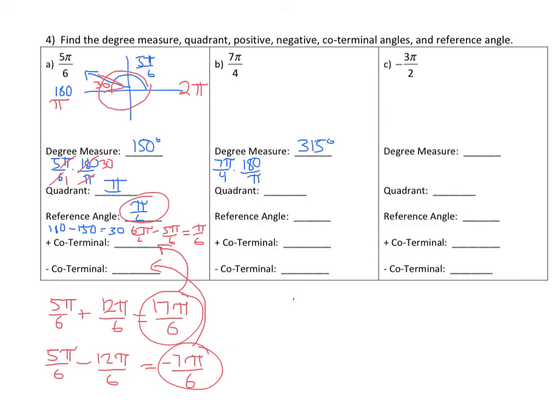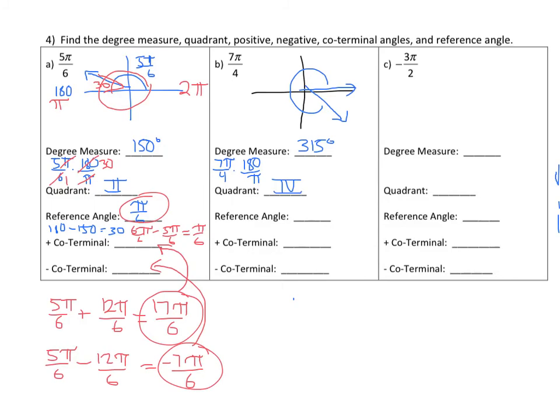And again, when you have your unit circle memorized, we won't have to do these using the conversion, we'll just have it memorized. So the initial side on the positive x-axis, and then that would be 7 pi over 4. It's in quadrant 4.